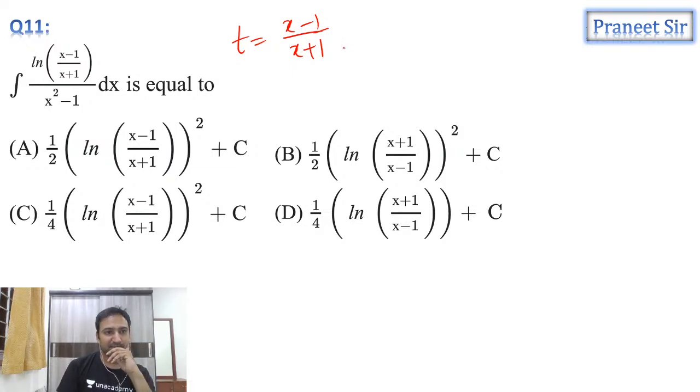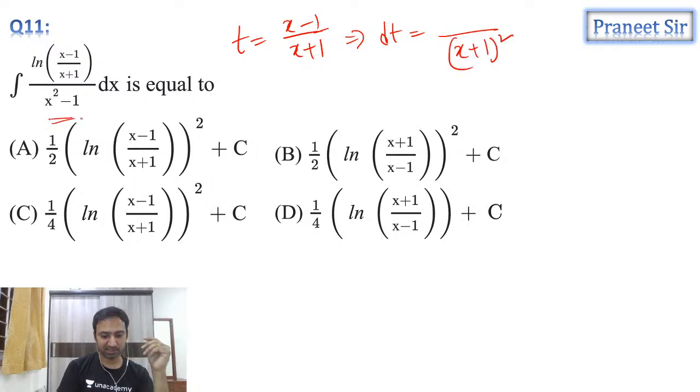I think we should take reverse order. Okay, let's do it, guys. If you differentiate it, here x plus 1 whole square we are getting, but actually here x square minus 1 is there.